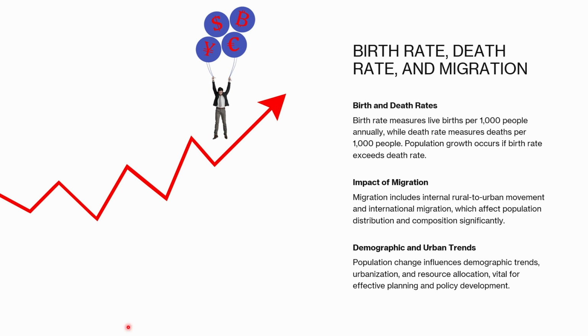So if, for example, the birth rate is more than the death rate, we will say that the population is increasing. If the birth rate is less than the death rate, then the population is decreasing. And if the birth rate and death rate are the same, then the population remains the same.